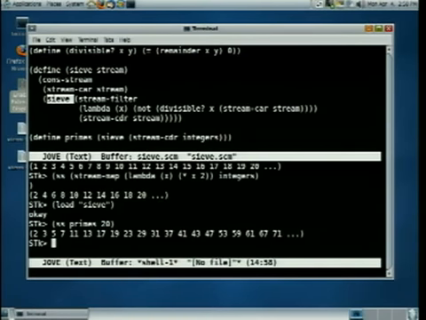Right, so cons-stream, well, it's kind of a hybrid. It uses applicative order for its first argument. You could write it the other way if you wanted. But it delays, which is to say it normal order evaluates its second argument. It doesn't evaluate it until somebody needs it, until somebody calls stream-cdr.